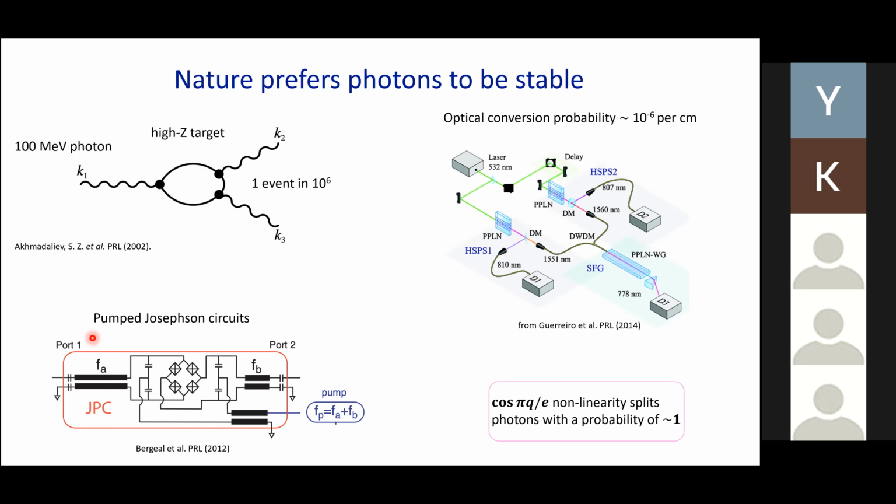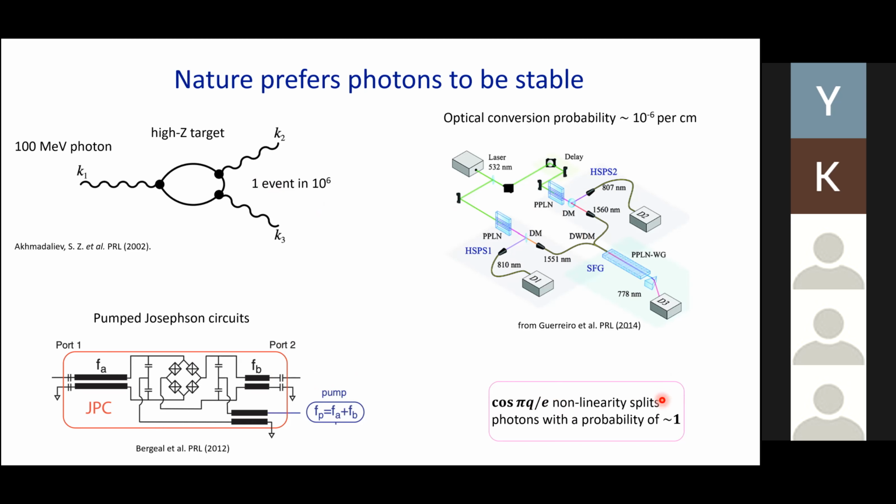And of course, there are many examples of nonlinear processes in circuits, where usually Josephson nonlinearity in quadratic form is used. But what is common for all these processes is that the probability to split a single photon is quite small. It's 10 to minus 6 in these cases, and it can be 10 to minus 4 here. What is special about this cosine Q, what we found, is that it can split photons with probability which is close to 1.